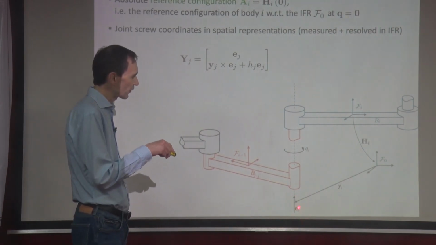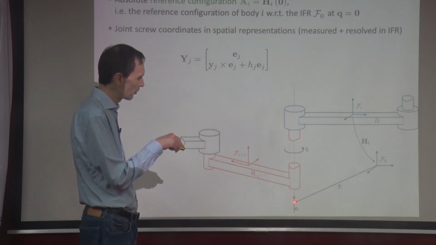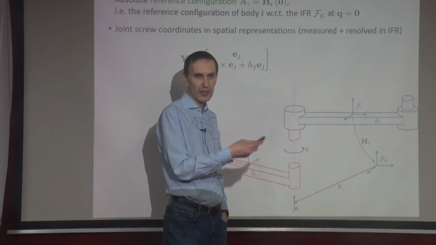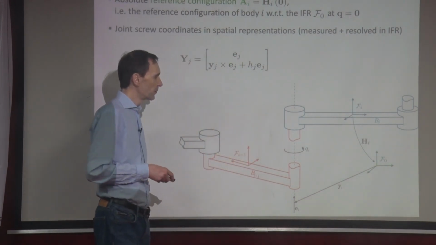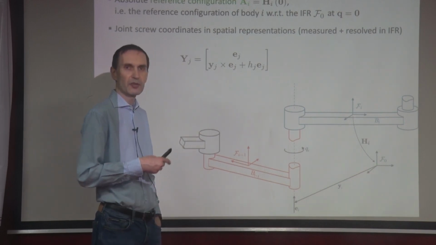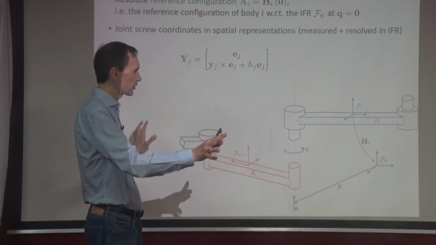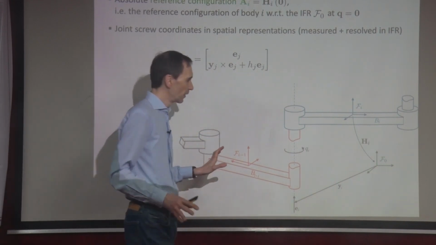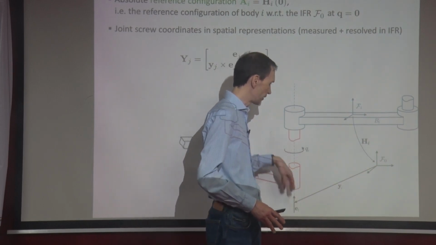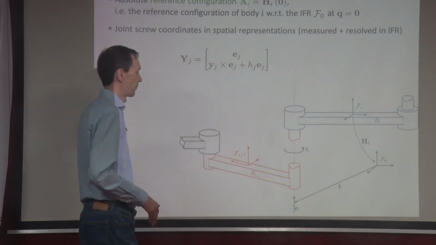So now the unit vector and the displacement vector, the vector to a point at the axis, now we call it y. Before it was x, now it's y. That's what you need. And you measure this, again, relative to a space fixed frame in the reference configuration. So you have this starting configuration where you say everything is 0. And now you measure the axis, the point and the unit vector, relative to the space fixed frame.